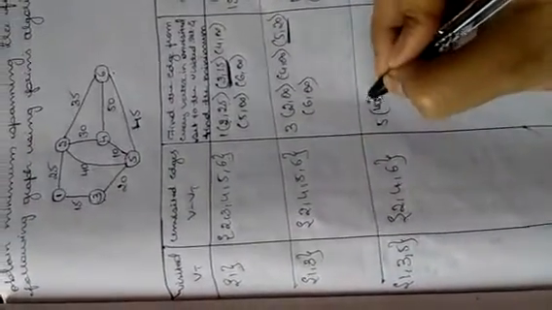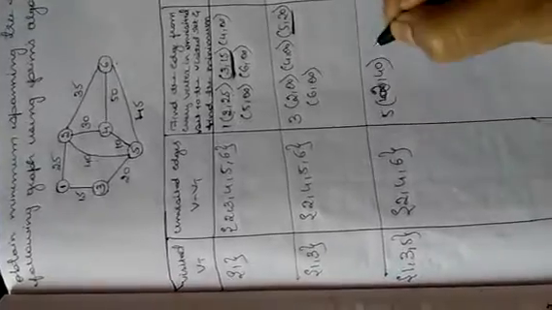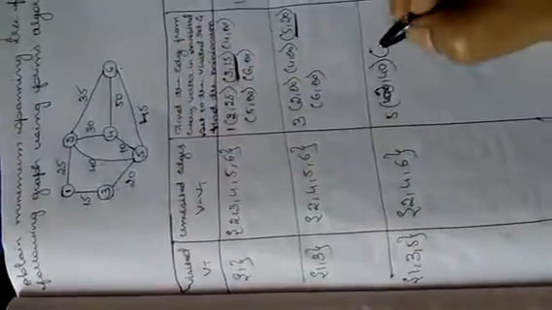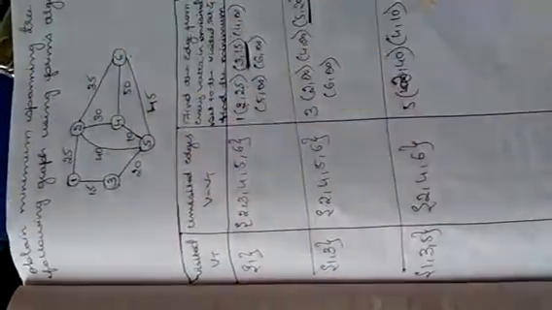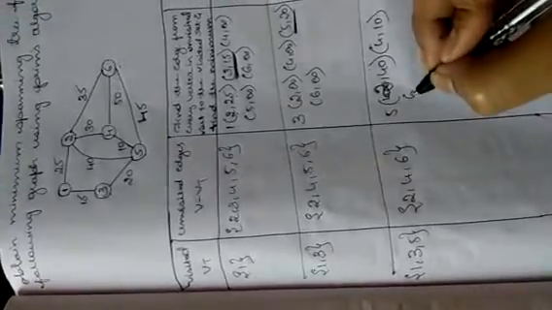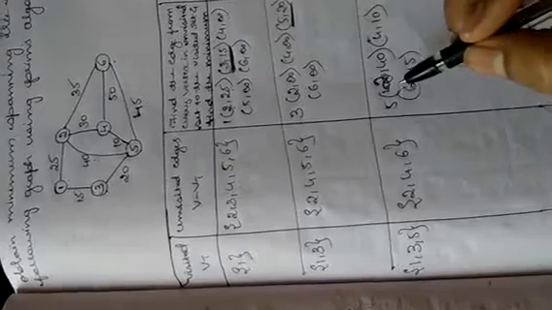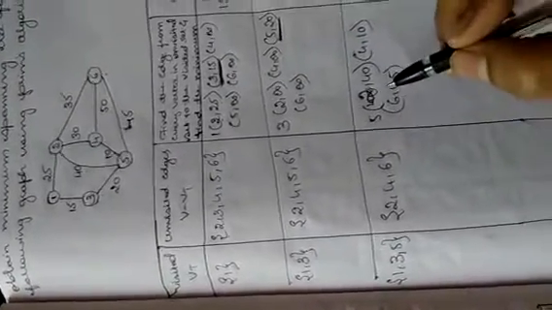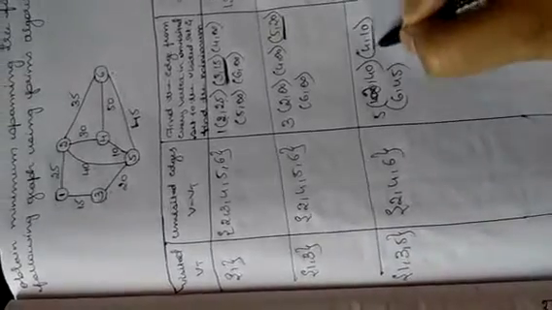From 5 to 4, yes, it is 10. From 5 to 6, yes, that is 45. See, from 5 to 2, 4 and 6, for all of them you have edges. But which is minimum? 5 to 4 it is 10. This one you have to consider.